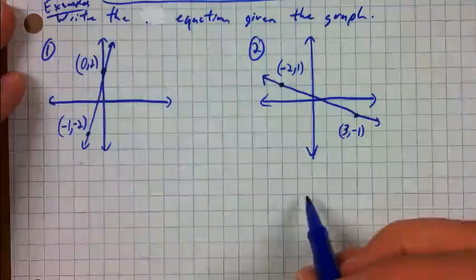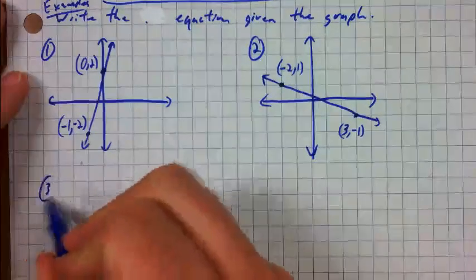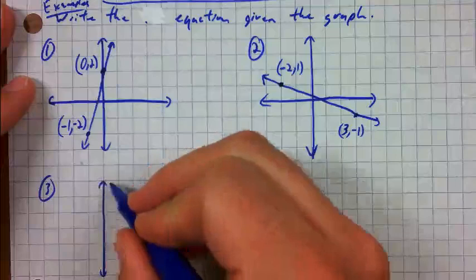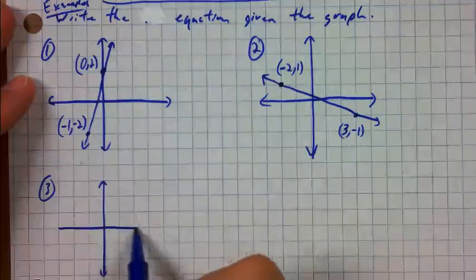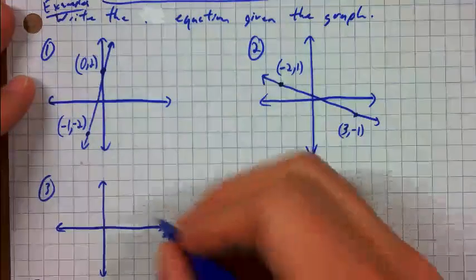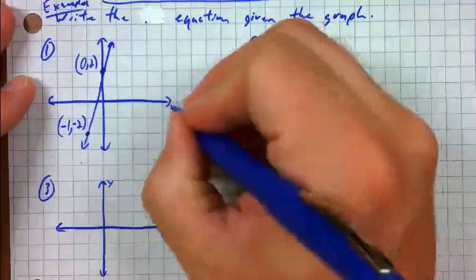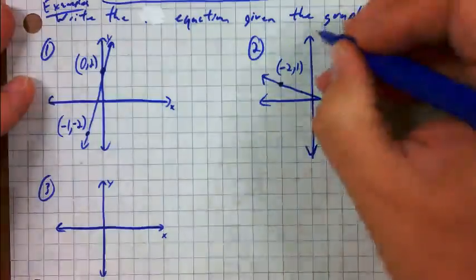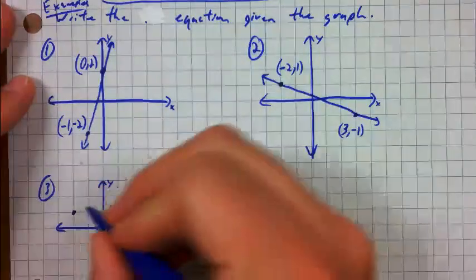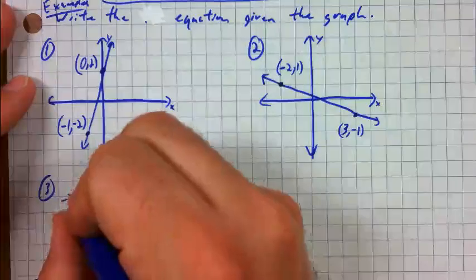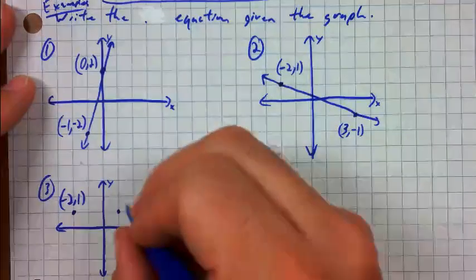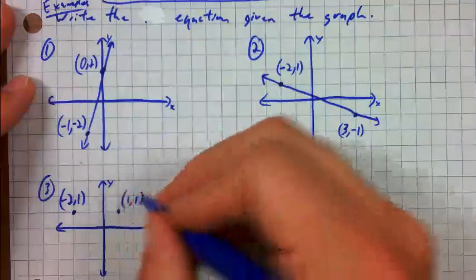For our third graph, we're going to have points at negative 2, 1, and 1, 1.